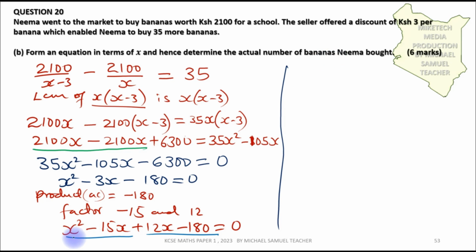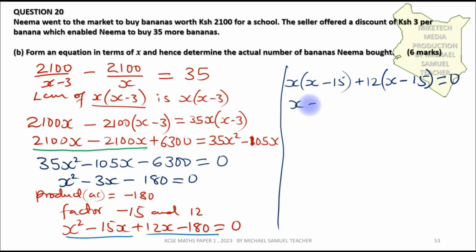In the first part, x is common, so I factor x out and have x minus 15. Then in the second part, 12 is common, so plus 12. 12x divided by 12, I get x. Then minus 180 divided by 12, I get minus 15, equal to 0.